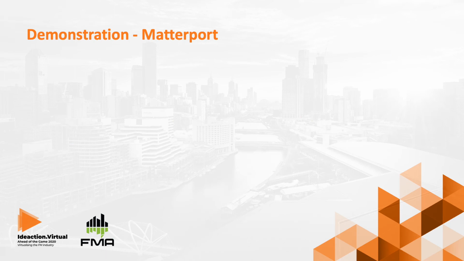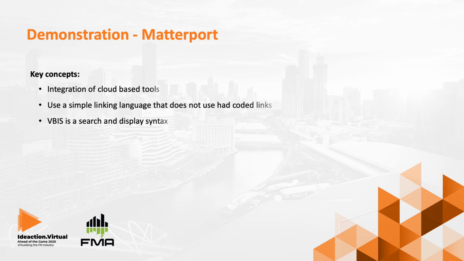In our final example, we will demonstrate the VBIS syntax showing how a 3D virtual tour is linked to an online O&M manual. The key concepts being shown are integration of cloud-based tools, use of a simple linking language that does not use hard-coded links, VBIS operating as a search and display syntax.